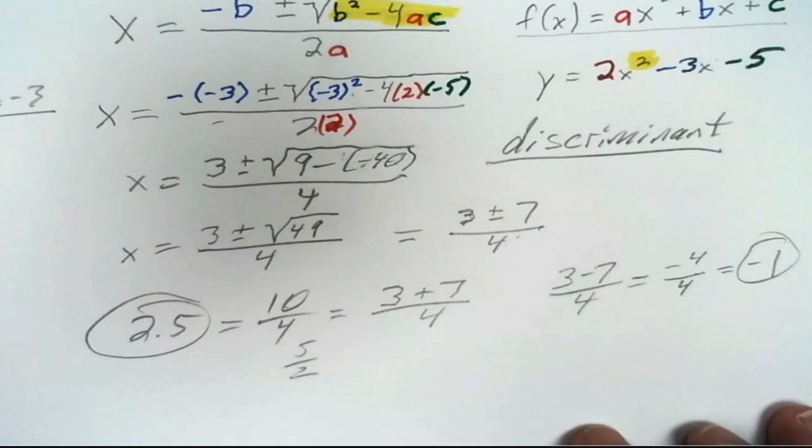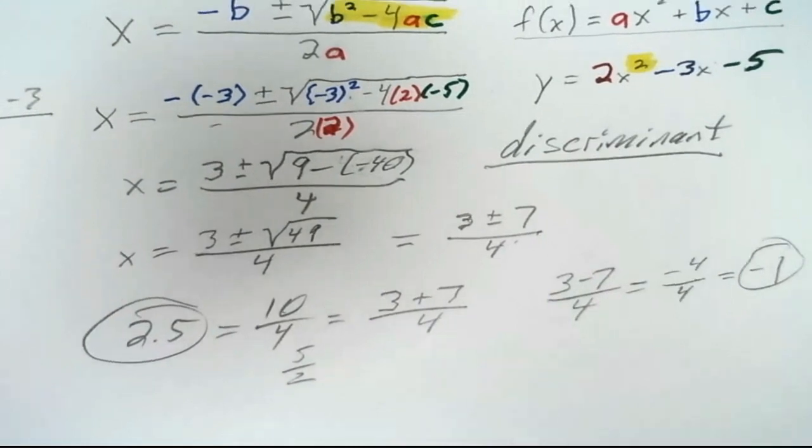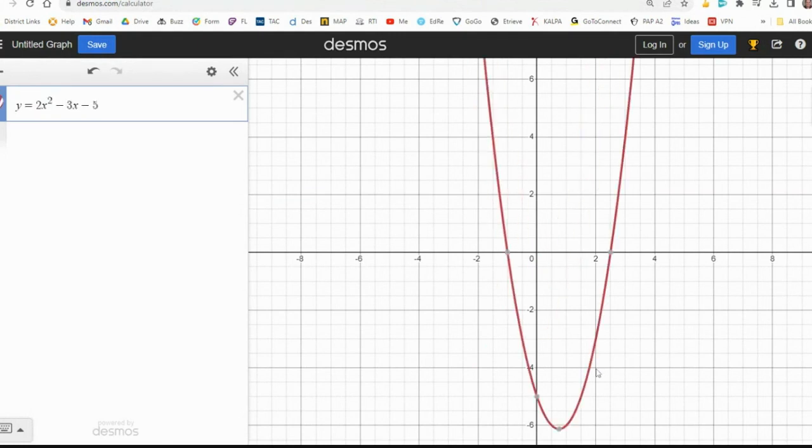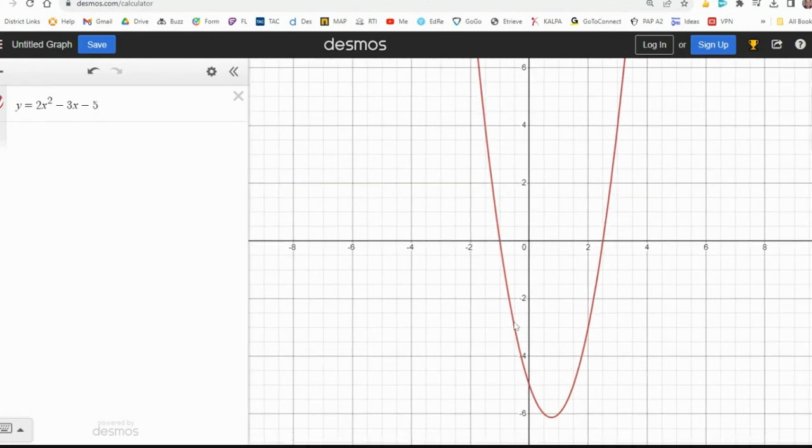Now I want to look at something on that. Let's graph that. What does that look like when we graph it? Okay, so we can put that equation in Desmos. y equals 2x squared minus 3x minus 5. Okay, so there's our equation. And let's see, the solutions we said were -1 and 2.5. Look at that.